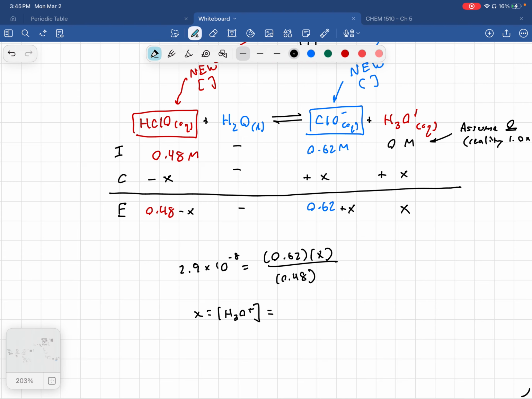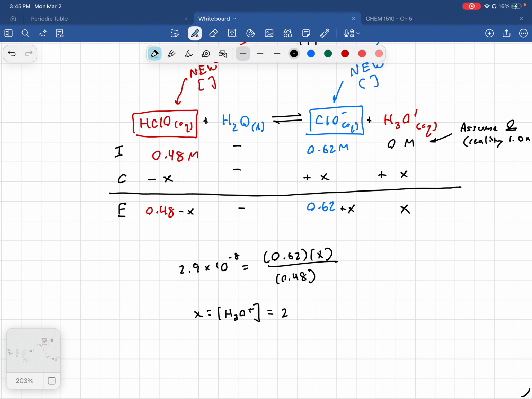Our 0.50 concentration for HClO went down to 0.48, and our ClO minus that started at 0.60 went up to 0.62.